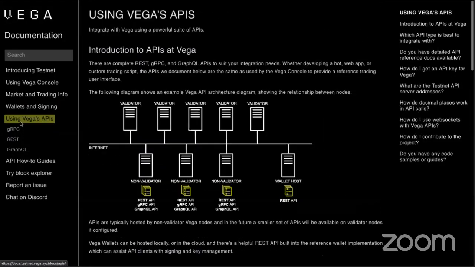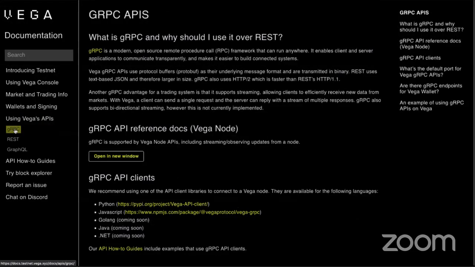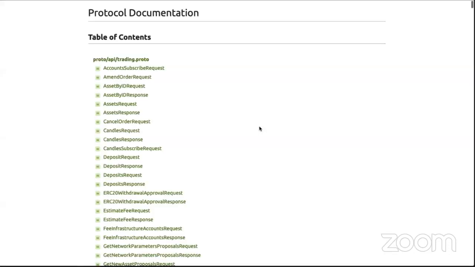Looking at the API section, we've got some pretty good documentation for the three types of APIs that we offer. These APIs are all exposed by the nodes, so there's nothing centralized here. Each node runs a server. We have gRPC, the protocol buffers RPC. We have very comprehensive docs of that, which are generated from the underlying protocol.